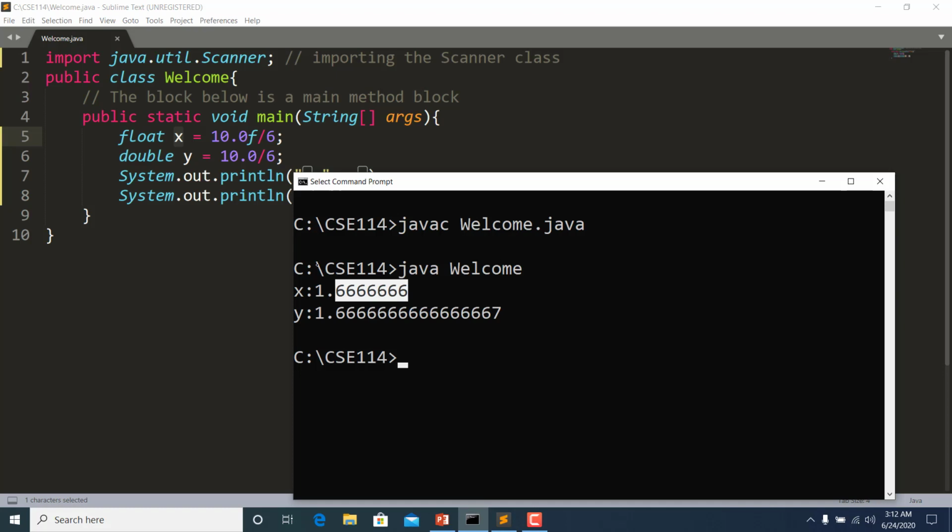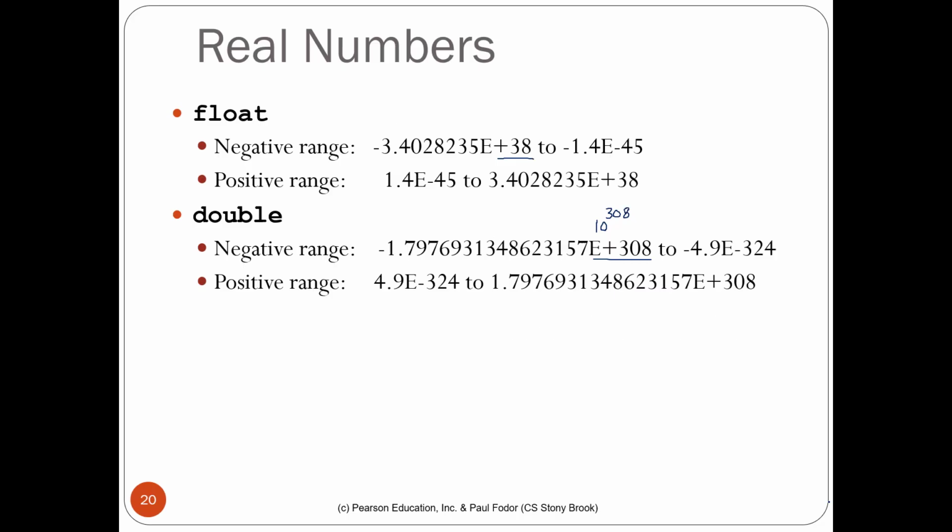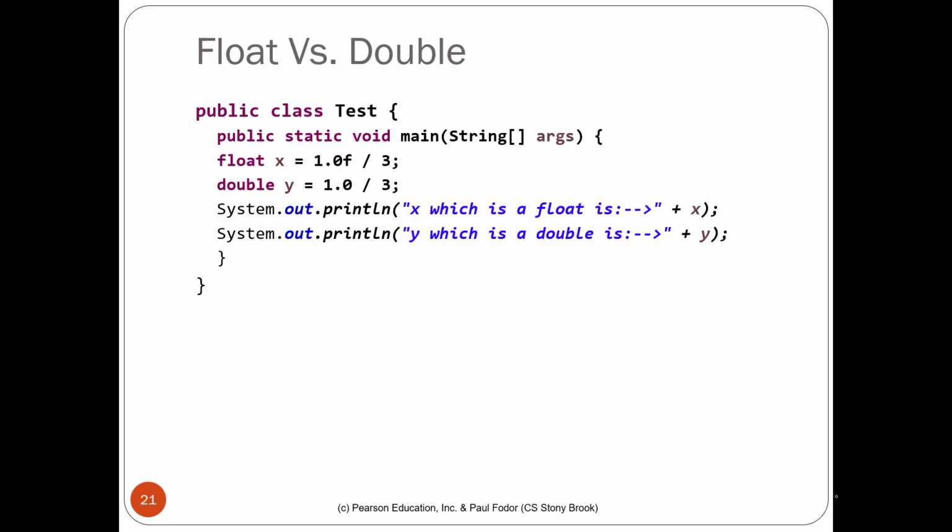It means that with the double, you will have a higher precision. I have intentionally used this example where we have a repeating 6 at the decimal place. So this should give you some idea that when you have a double variable, you'll have a higher precision after the decimal position. I have a similar example in my lecture slide also, so if you want to try out, you can try that. In this test I have 1.0 divided by 3. You may ask me, why do I have an f here?